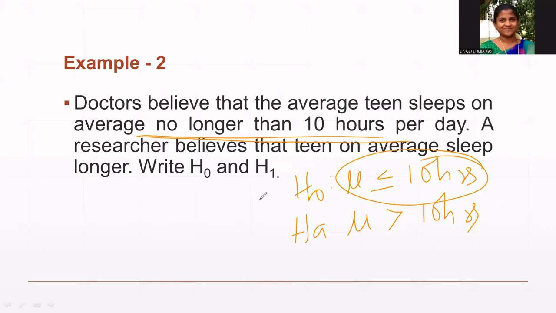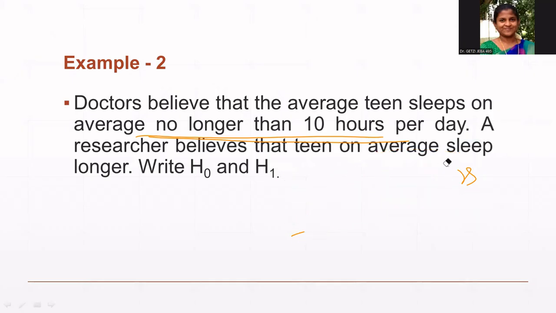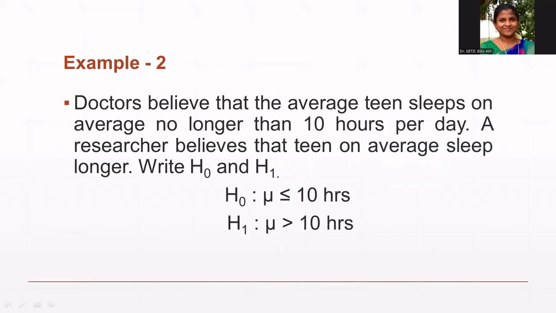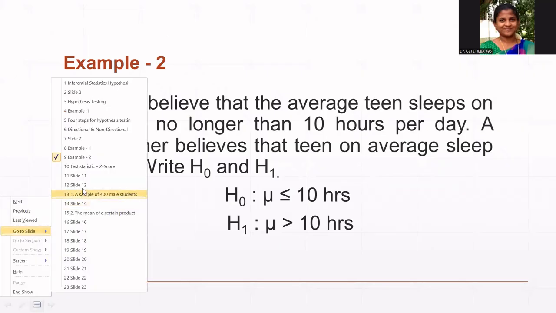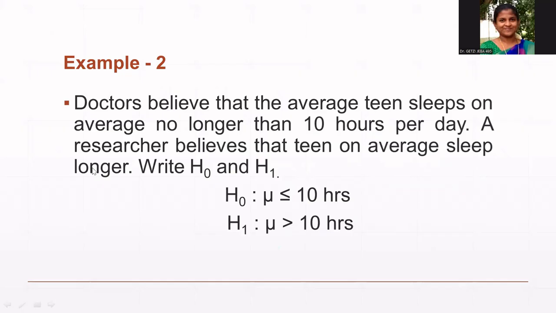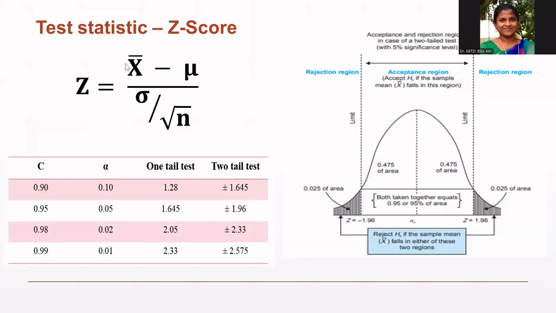All right. So the next step is we have to test the level of significance. We have to test using the z-score. In order to test, I have a formula: z is equal to x bar minus mu divided by sigma by root n.